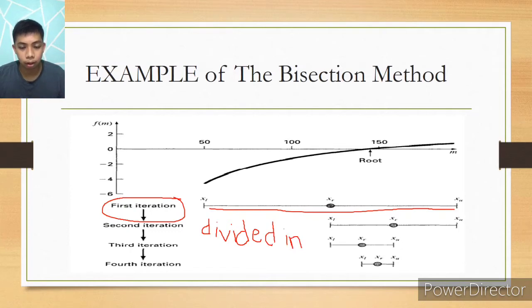So the first iteration is 100. The second iteration is 50 because you divided it into half. So the third is 25. So on and so forth.